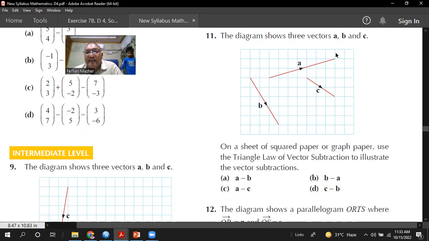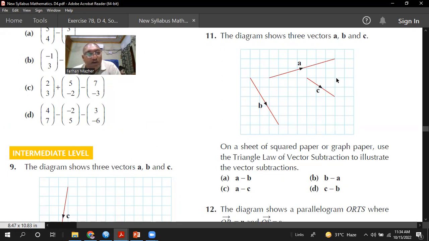This is the tail, this is the head. 1, 2, 3, 4, 5, 6, 7: 7 positive steps on the x-axis, then 2 positive steps on the y-axis. That's the column vector for A. For B, it is 3 positive on the x-axis, and 1, 2, 3, 4, 5, negative 5 on the y-axis.